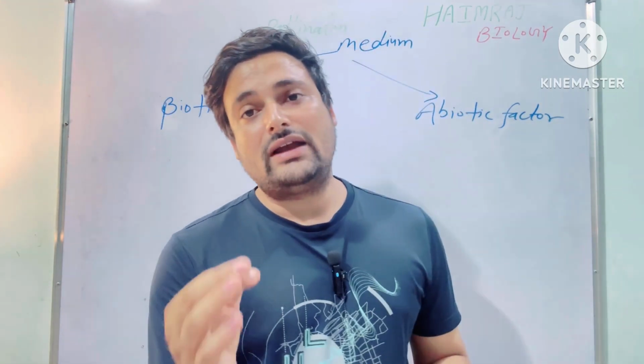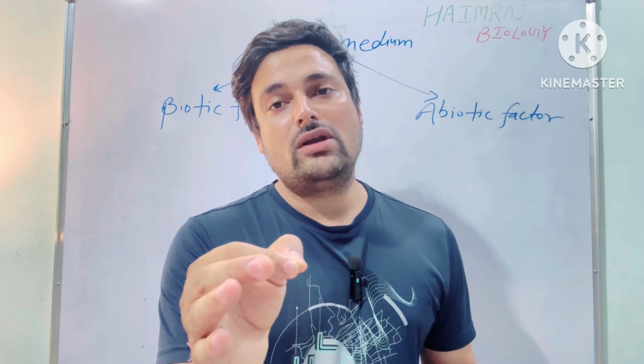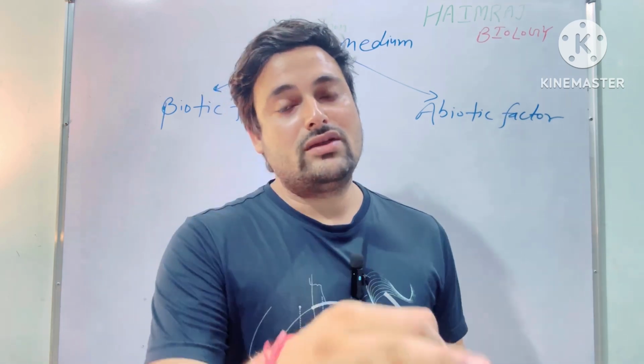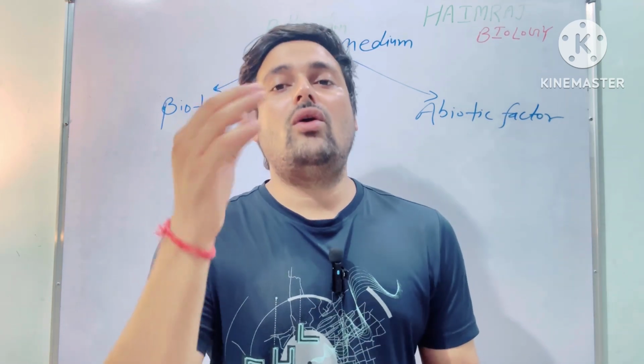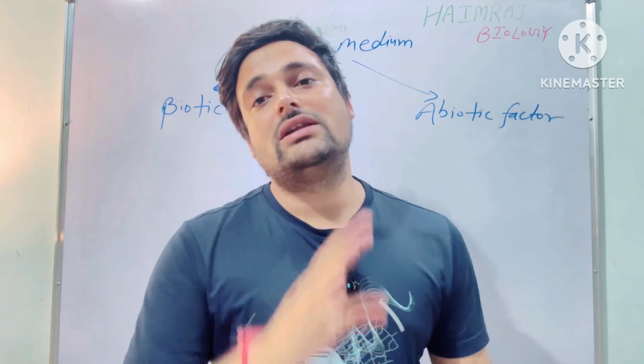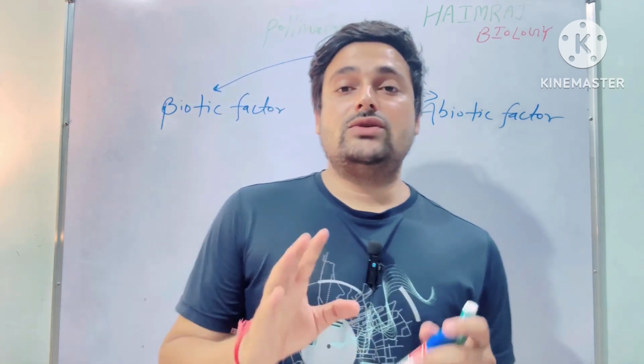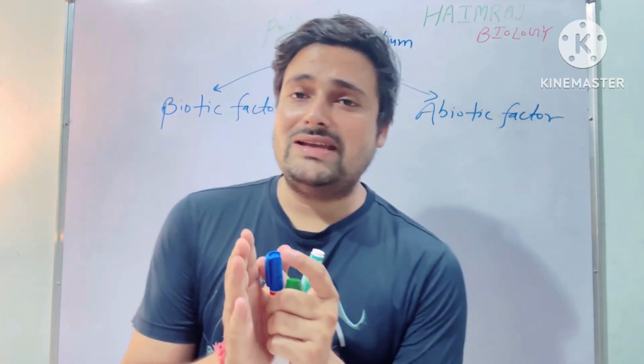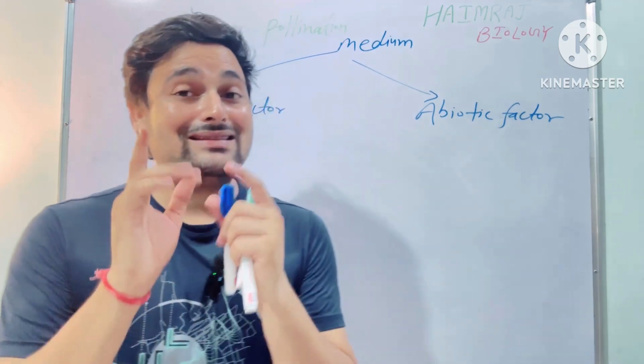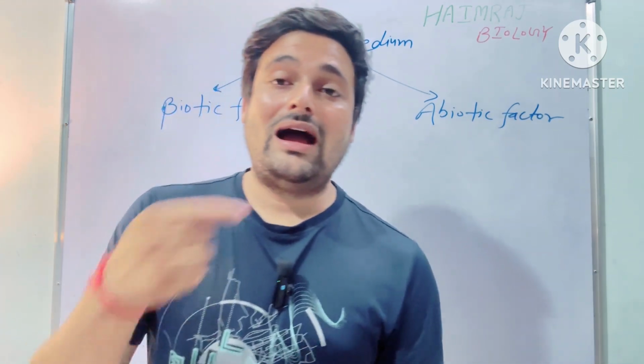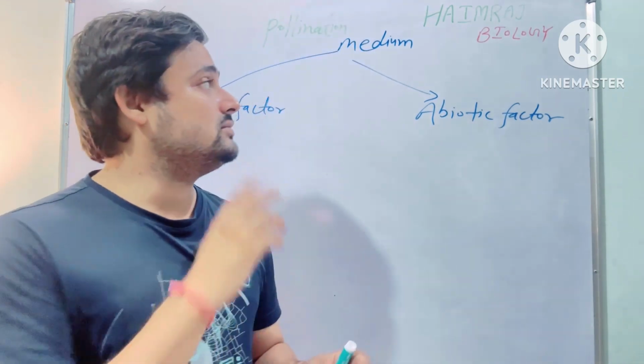Bees can be the factor that transfers pollen grain from one flower to another flower, or one plant to another plant. So if you haven't seen the video of pollination, I will share a link in the description. First check that video, after that come to this topic.